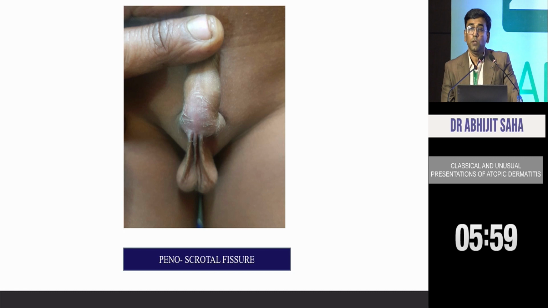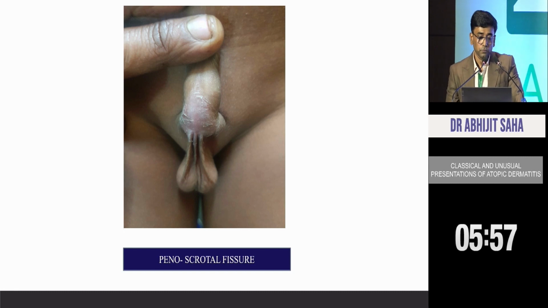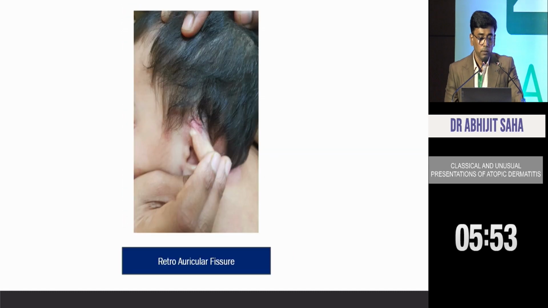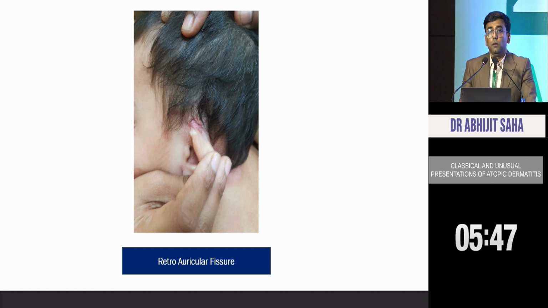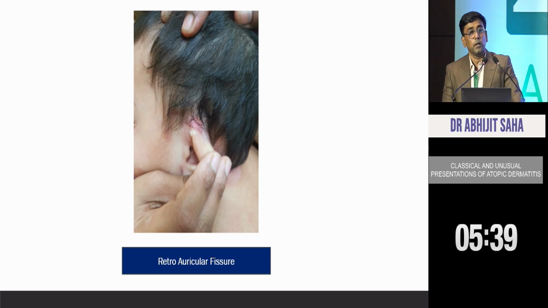Penoscrotal fissure could be one of the presentations. Retroauricular fissure, you can see, and probably this is one of the conditions where we advocate use of a topical steroid and antibiotic combination. As my previous speaker, Dr. Malakar, has said, it should not be used routinely, but here we can use it.